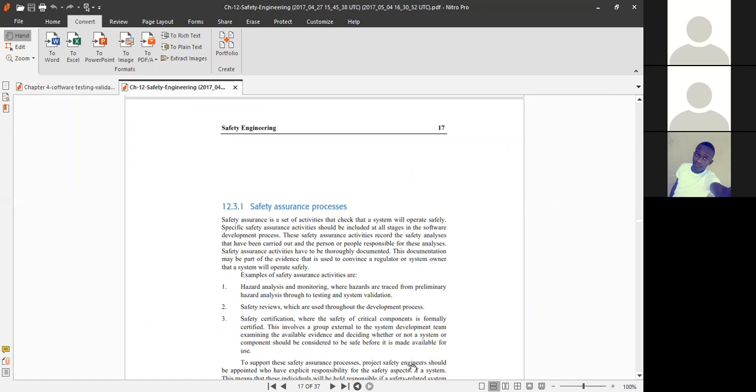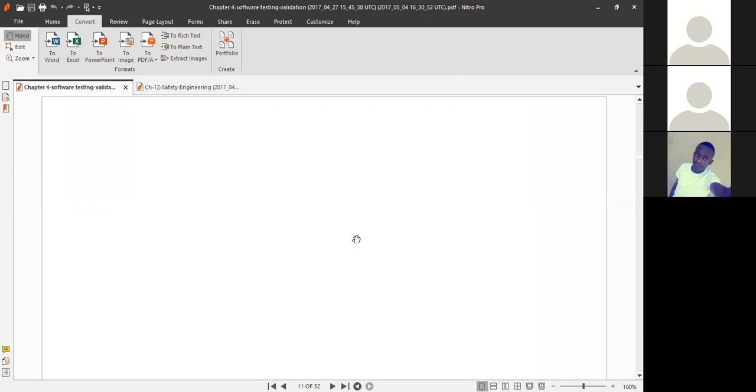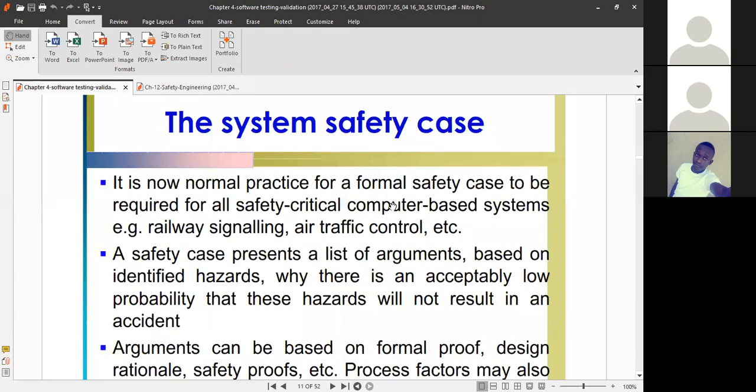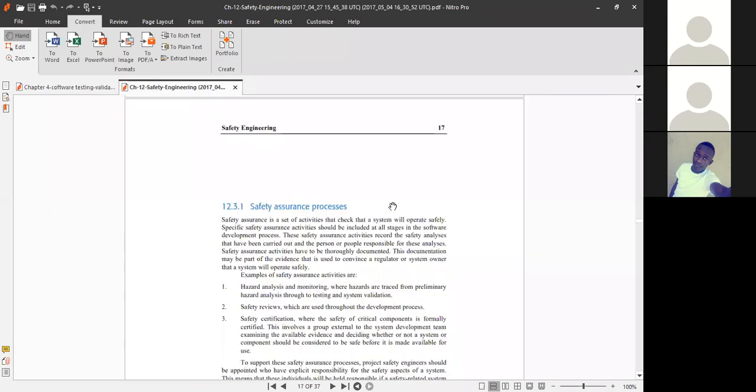I think I didn't see it being mentioned here, but you see it in the textbook which I've referred you to. This is where the safety of critical components is formally certified, and it involves a group external to the system development team. A system or component should be considered to be safe before it's made available.